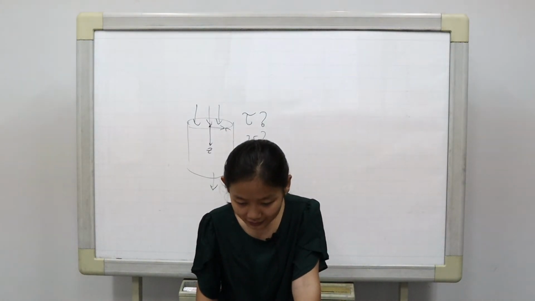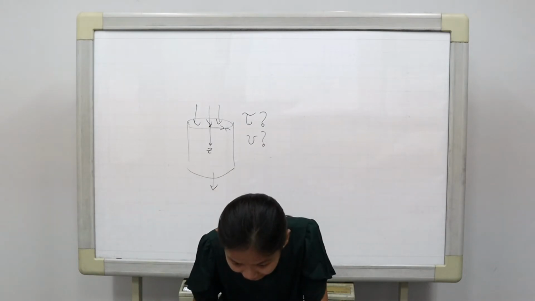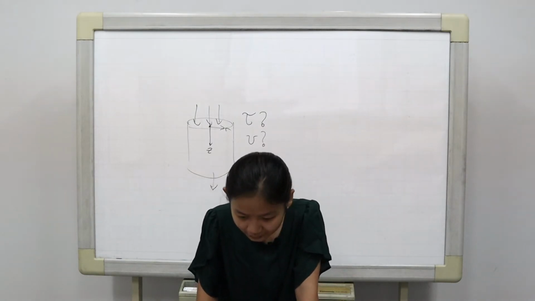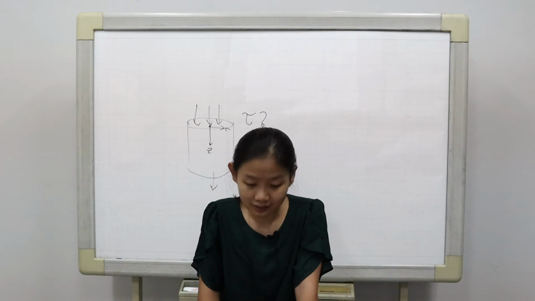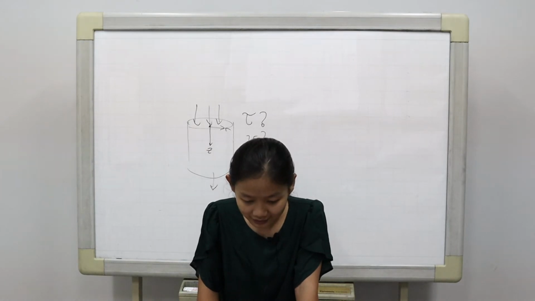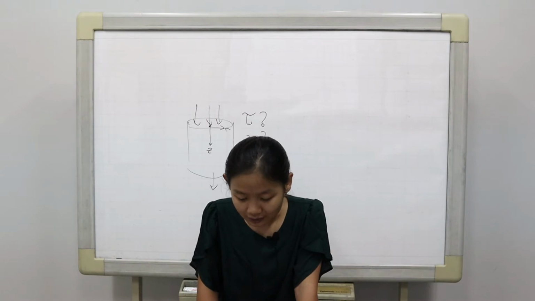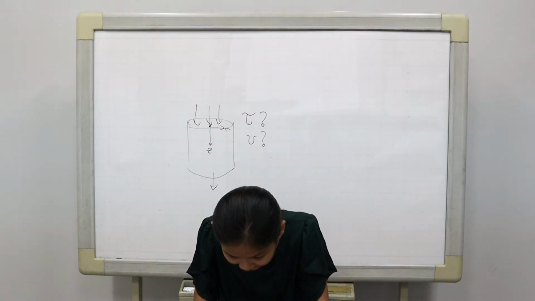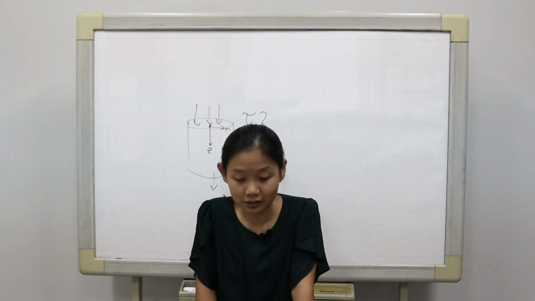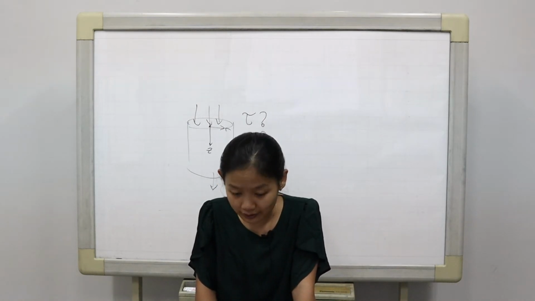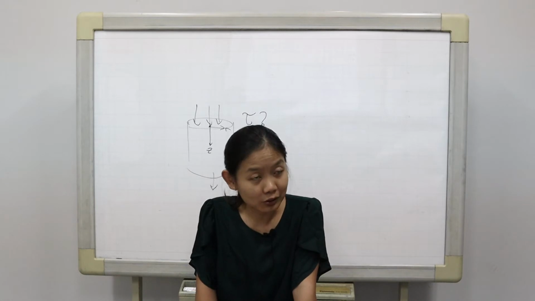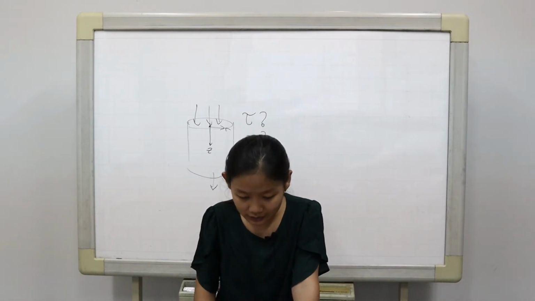You're gonna see tau rr, tau theta r, tau zr. Actually, tau rr, tau theta r, tau zr, and tau theta theta are all 0. We don't have those components, so we will not use that equation.